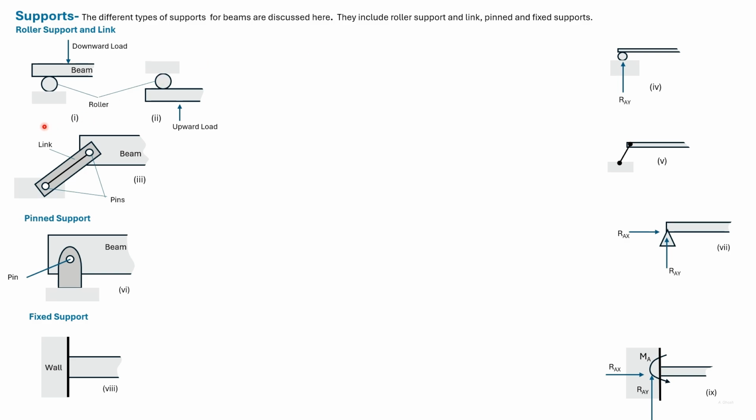Similarly, a roller supporting an inclined plane with transverse load has the vertical to horizontal directions fixed. A roller is normally depicted in literature in this manner, and a link is depicted as shown.